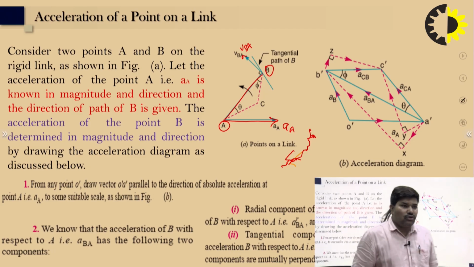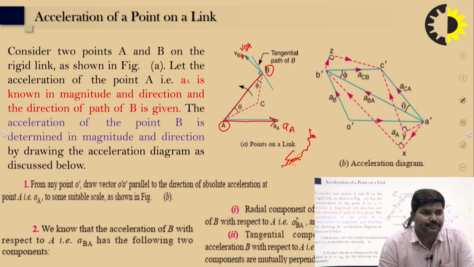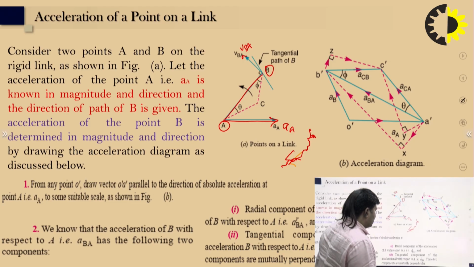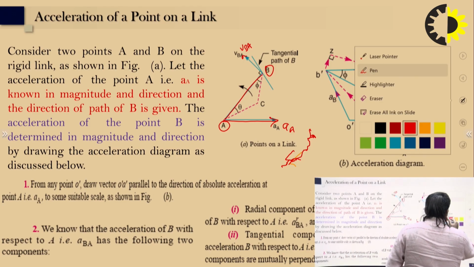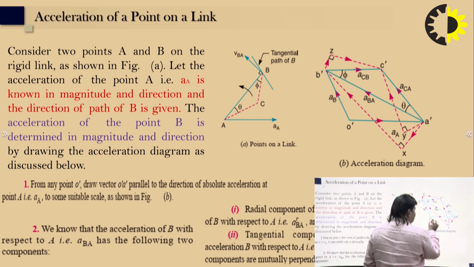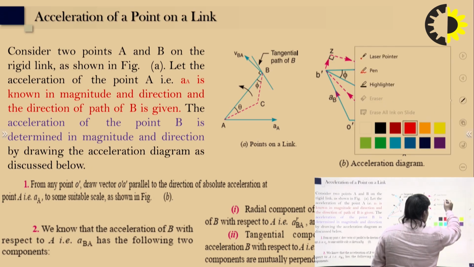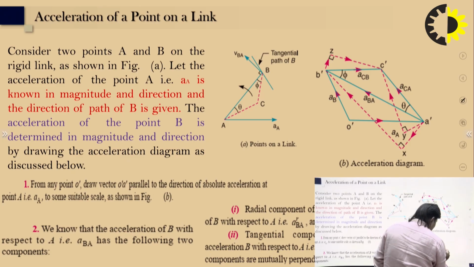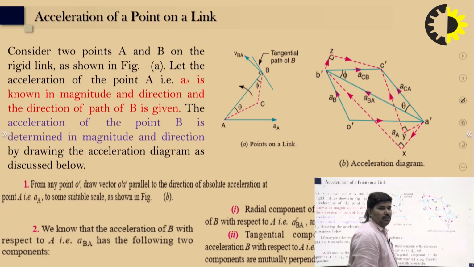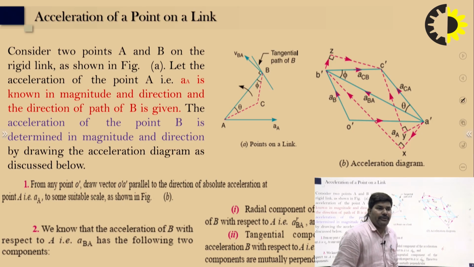So how to draw? From any suitable point O dash, draw the vector O dash A dash parallel to the direction of absolute acceleration, that is the acceleration of A, with some suitable scale.